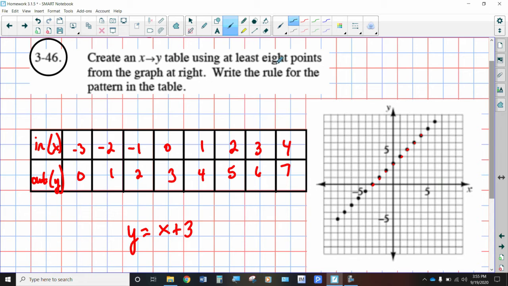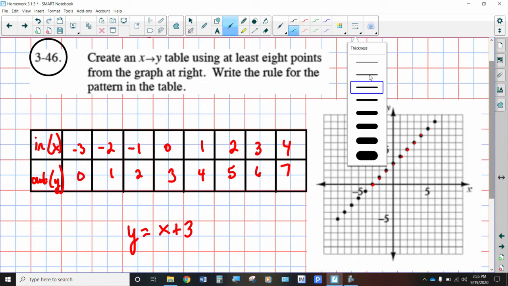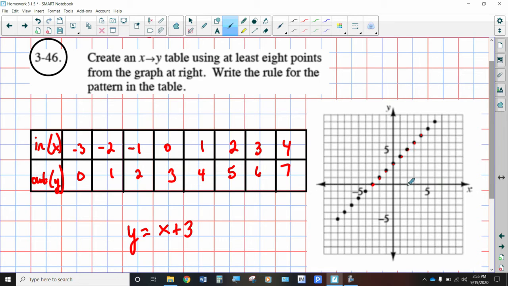So what you do here is you find a given point, like this point right here is where x is equal to 2 and y is equal to 5. So plug that in, that would be this point right there, and then you can plug in another one here where x is equal to -3, y is equal to 0, so you can plug that guy in right there, and then all in between, and eventually you start to realize, okay, there's a connection absolutely between each one of these points.